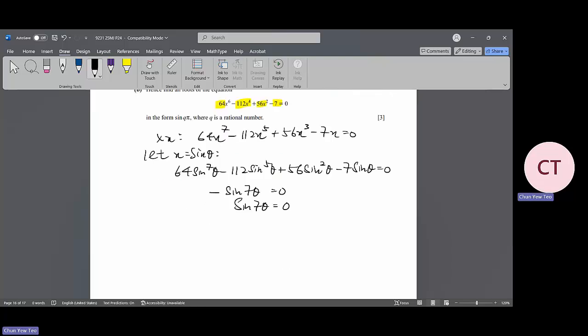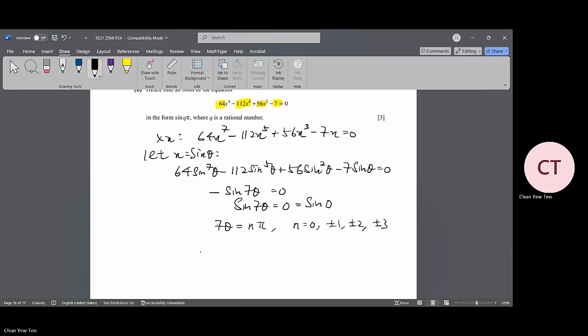So your general formula for the sine 7 theta is the n pi plus the negative 1 power n of alpha. Okay, so actually this one no need because the alpha is a 0. So this is actually the same as a sine 0. So it's n pi, your n is equal to the 0, plus minus 1, plus minus 2 and plus minus 3.